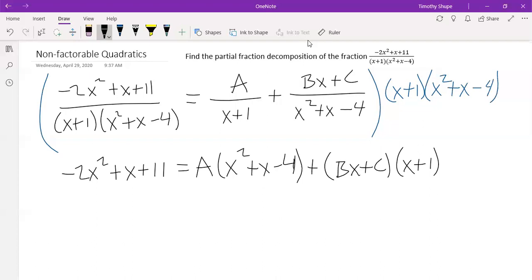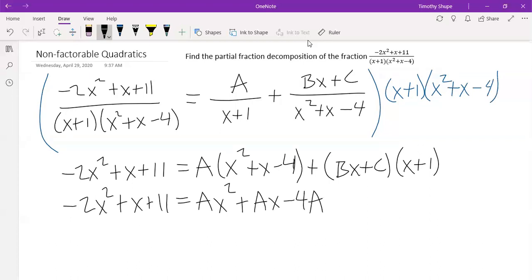I still have the negative 2x squared plus x plus 11 over on the left side. But when I distribute, I have an ax squared plus ax minus 4a, and then plus, if I distribute these out, I get a bx squared plus bx plus cx and plus c on the very end.